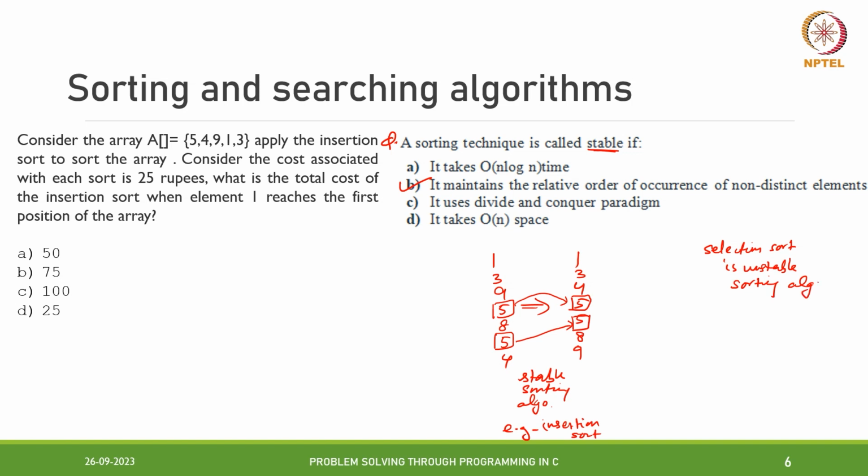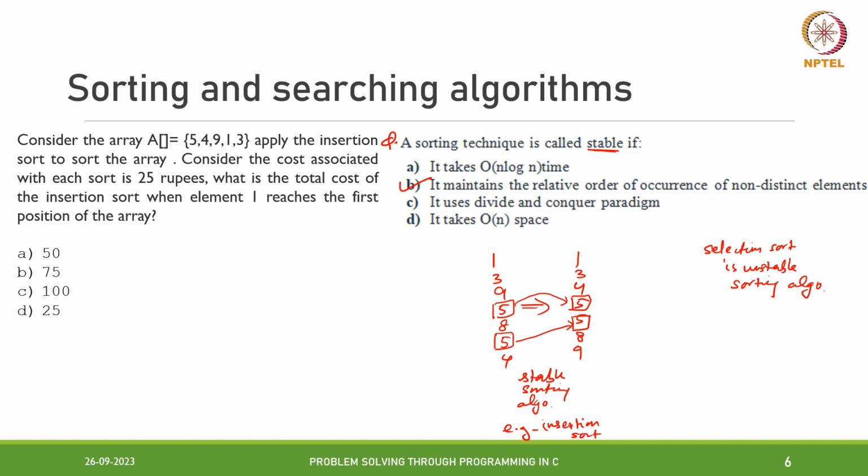You can check this out once you understand the process. So insertion sort is actually stable, while selection sort is unstable. This is the definition of a stable sorting algorithm.